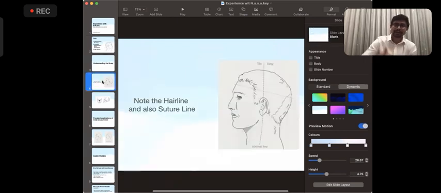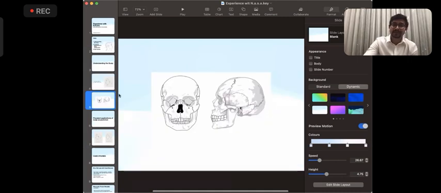So, moving a bit forward, in the scalp, you can just divide it into two parts. One is the benchmark, which is the hairline, and the second benchmark, which is the suture linings in the scalp. Like this, when you just look at the bone, there are four major sutures you must be aware of.